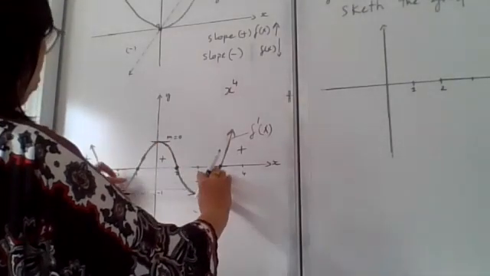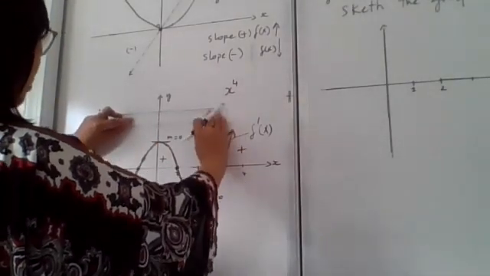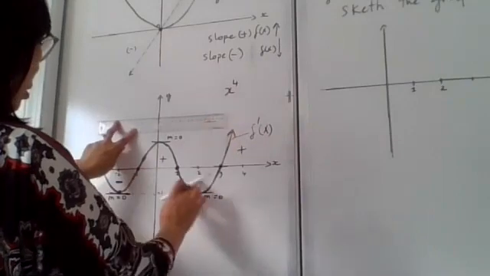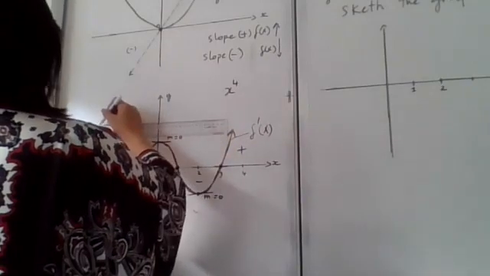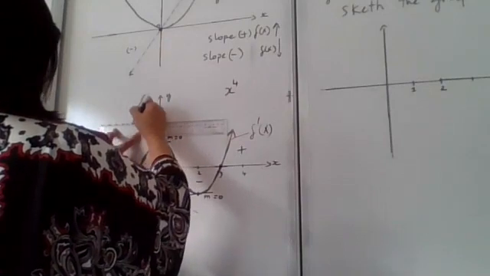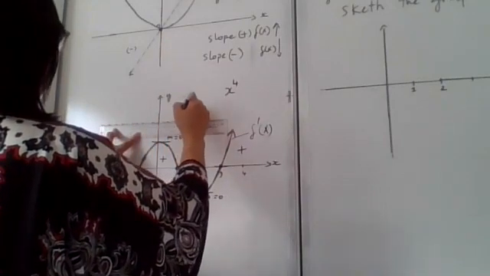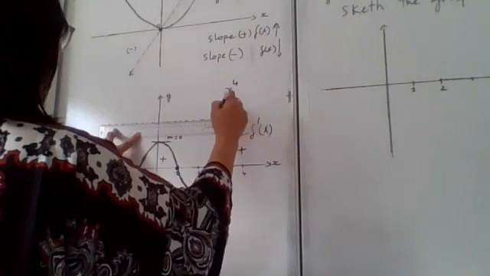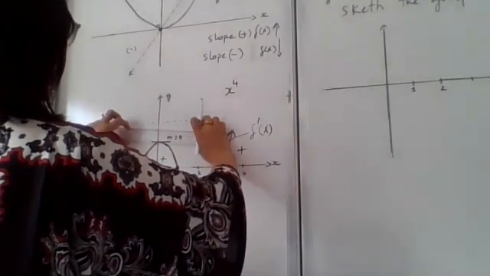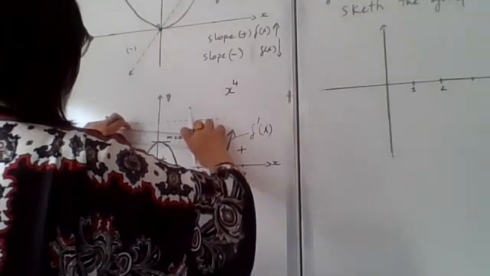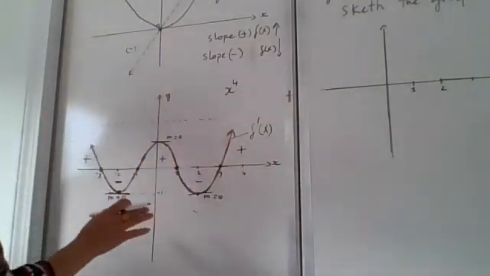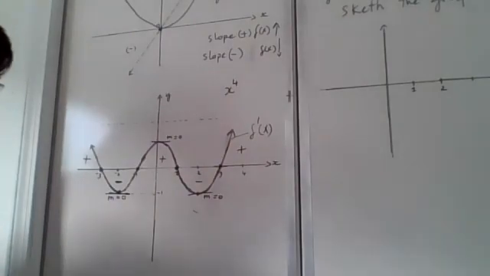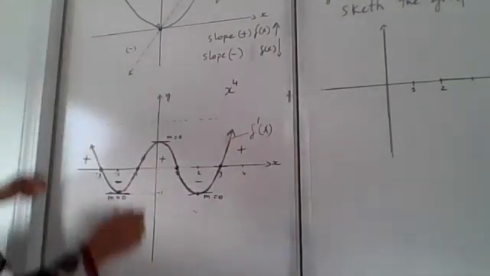So suppose I move my original function graph up here. So my x-axis is no longer down here, maybe up here a little bit, right? So I just mark the x-axis as a broken line for the new graph I produce. So I produce the original graph above the derivative graph, okay?